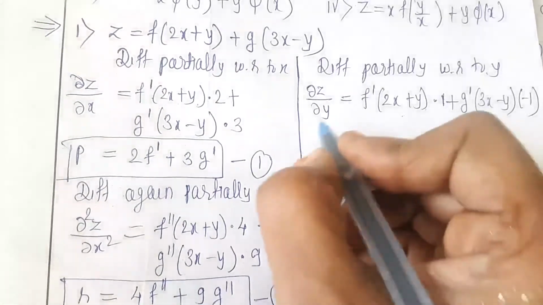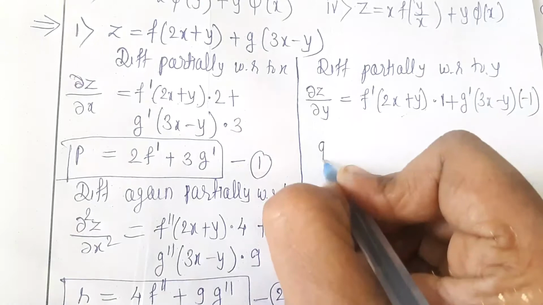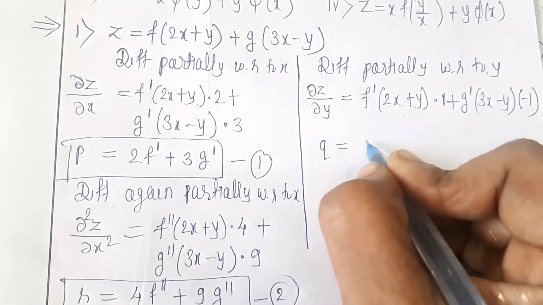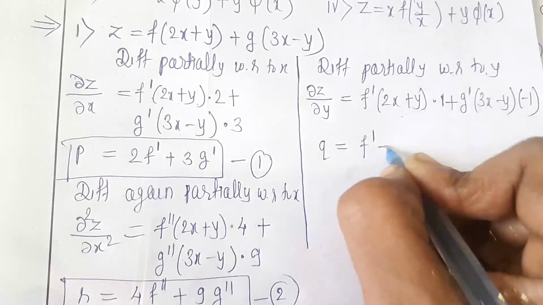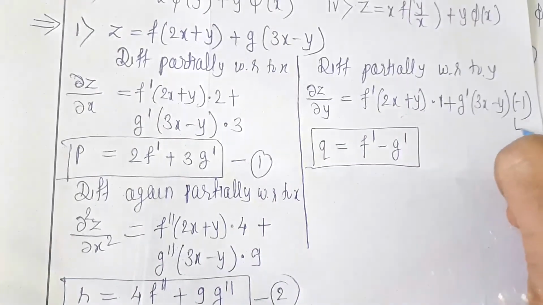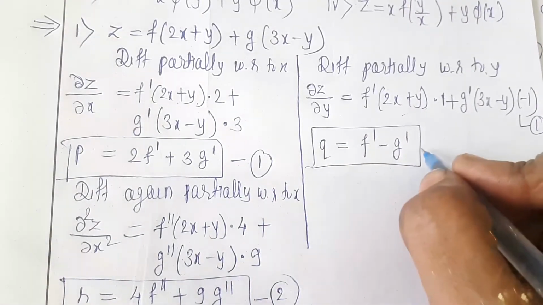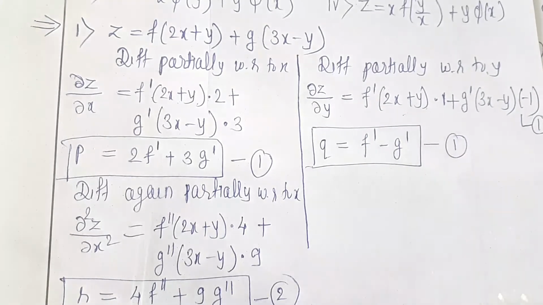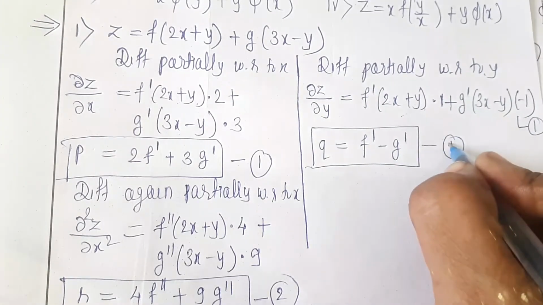Del z by del y is denoted by q, so q can be written as f dash minus g dash. This is equation number 3, not 1.